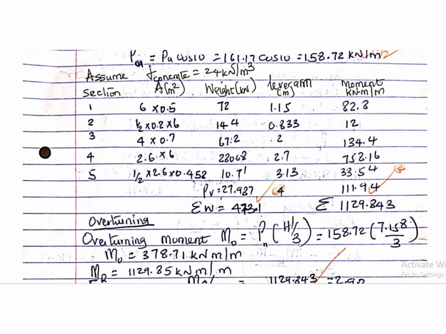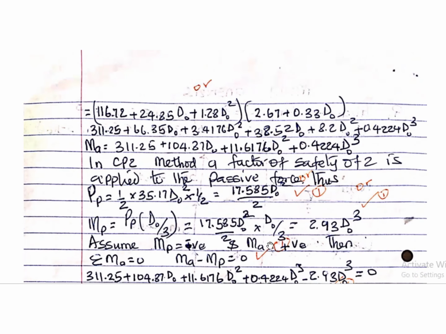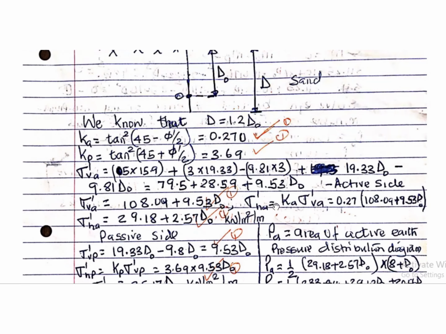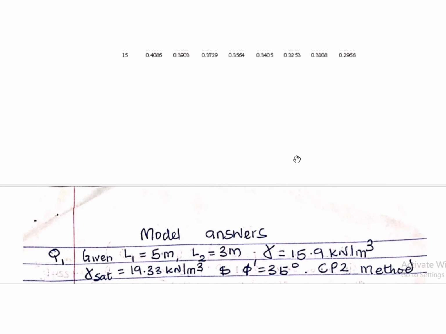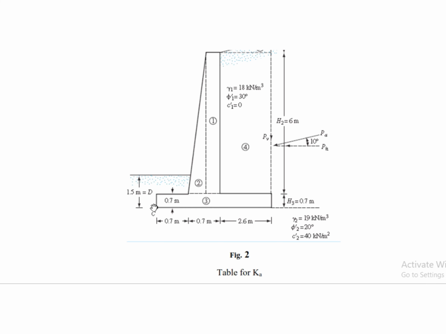The overturning moment is the moment from the active. So the horizontal force was 158.72 times the distance to the point we are considering. So if you are considering here, this is the toe.